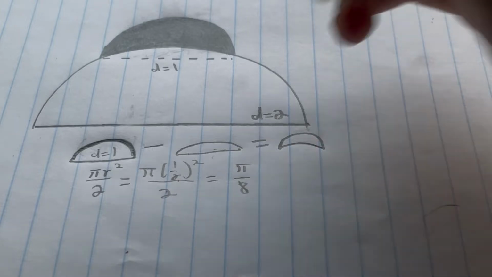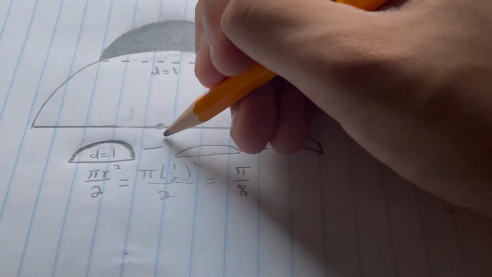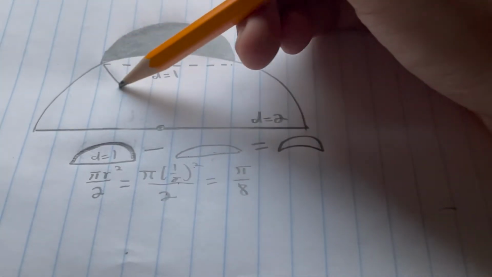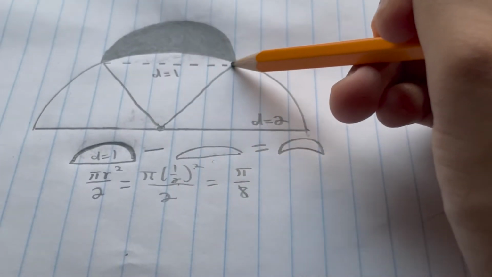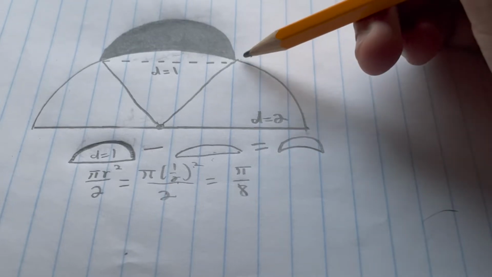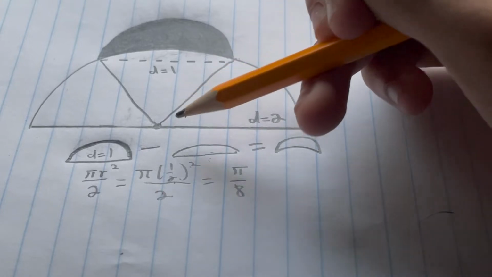Well, let's try that. If we say that the center of the big semicircle is right here, then we can connect this center with these 2 points. And the reason why I'm connecting these 2 points is, well, remember that a radius is just taking a point on any circle and then connecting it to the center of the circle.